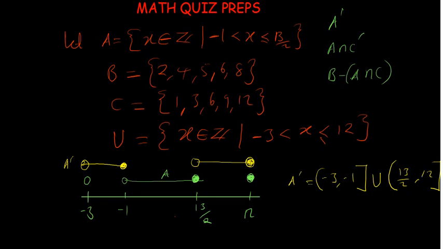Now, if we don't use this form, then we may want to use the form of listing. For the first part, for A complement, you can't list. For the first question, you can't list, unless it is the second question, where you can list.